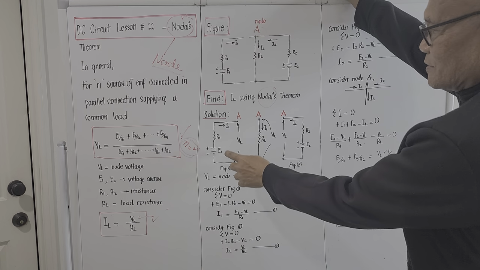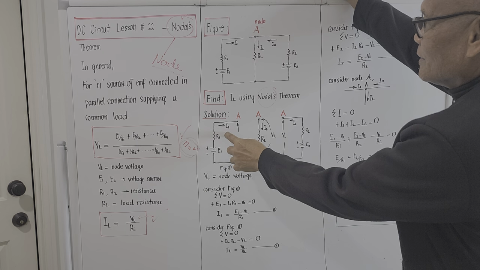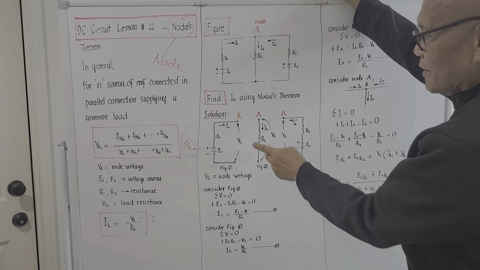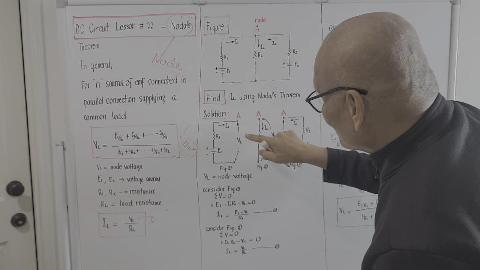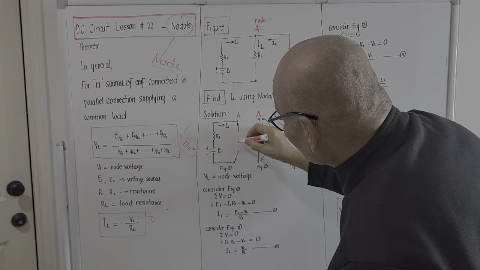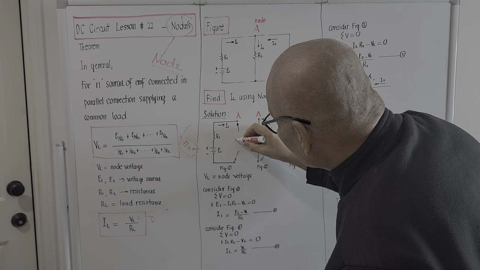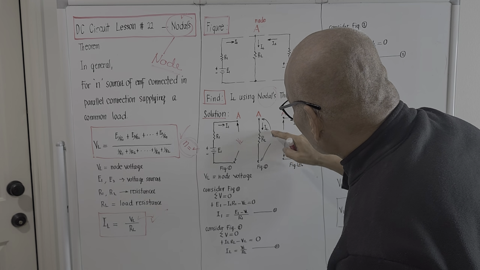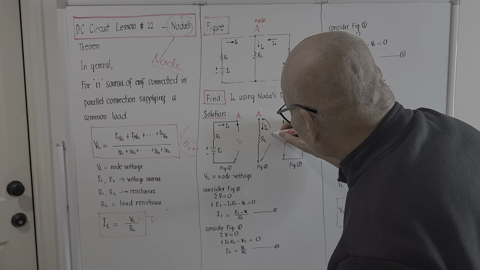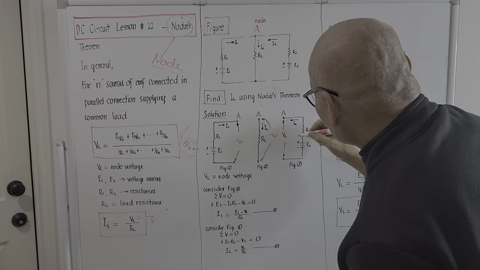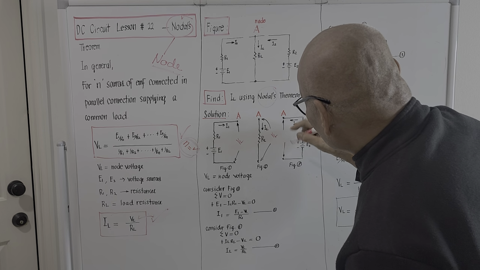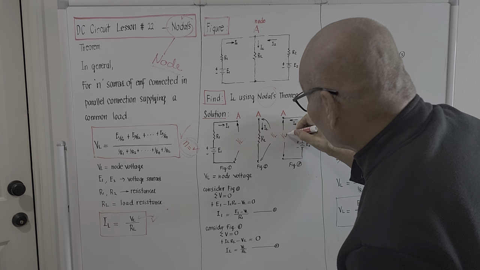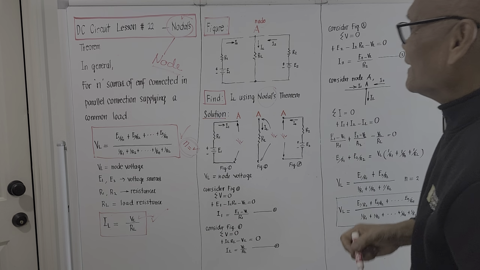This is E1, this is R1, I1. The added thing here, this V sub L. The node voltage, V sub L. That's the added thing. That's why Nodal's theorem, right?